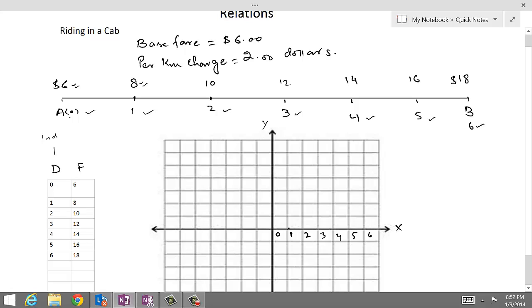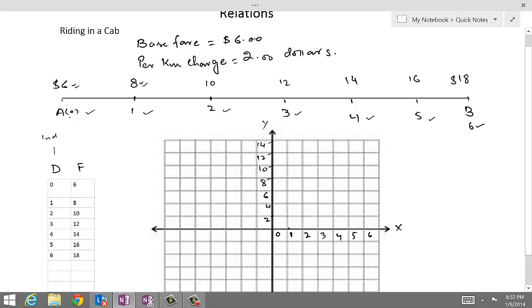And now if we start from 0 fare here, then keep 2, so this would be 2, this would be 4, this would be 6, this would be 8, this would be 10, this would be 12, and this would be 14.